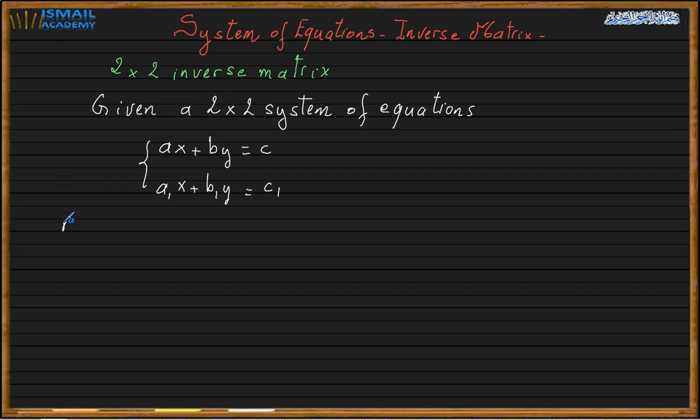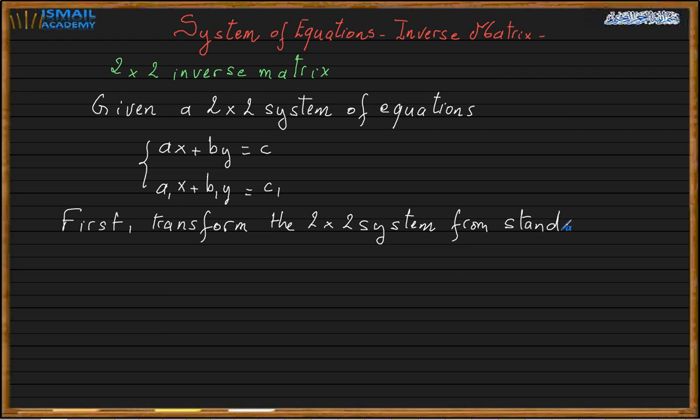So first, transform the 2 by 2 system from standard notation to matrix notation.